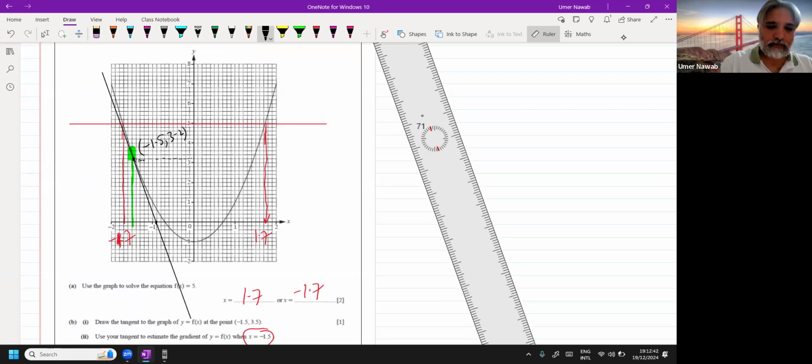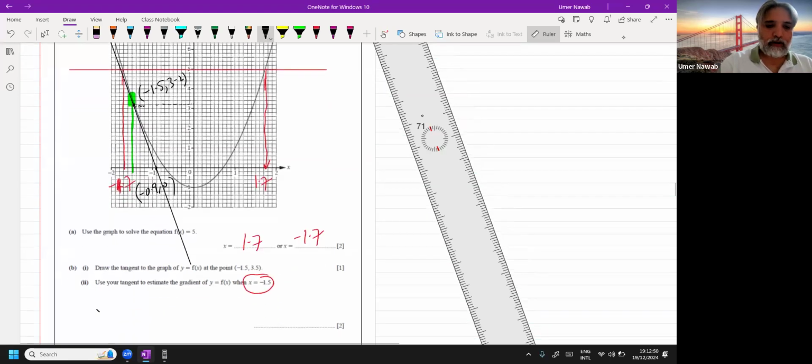What's the x-intercept? The x-intercept is minus 0.9. So find the gradient: 3.2 minus 0 over negative 1.5 minus negative 0.9. And it gives us the gradient approximately minus 5.6.